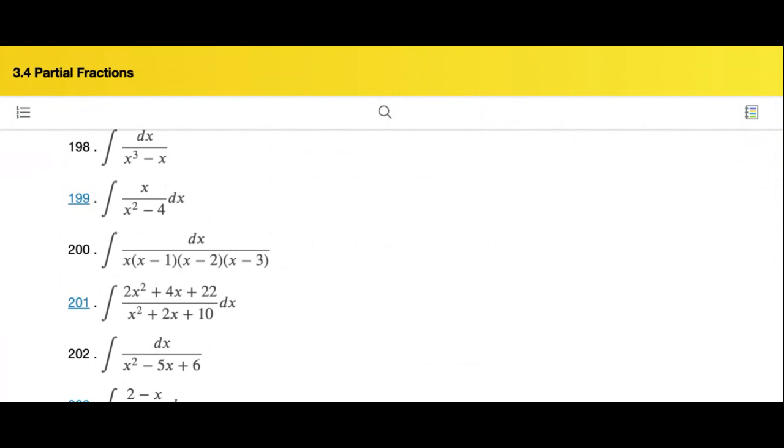Because this is my first semester teaching this course at Brooklyn, I want to get a feel for it. Question 200: we have 4 factors, which means we have to use 4 variables, A, B, C, D.